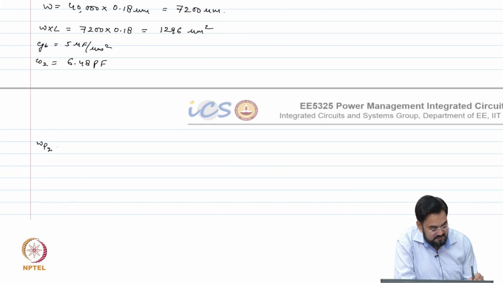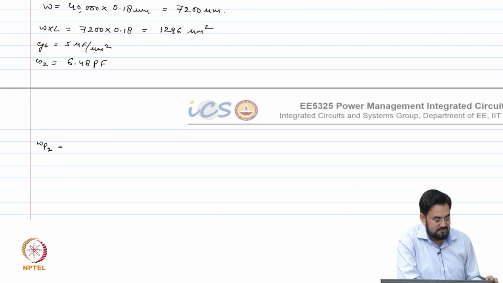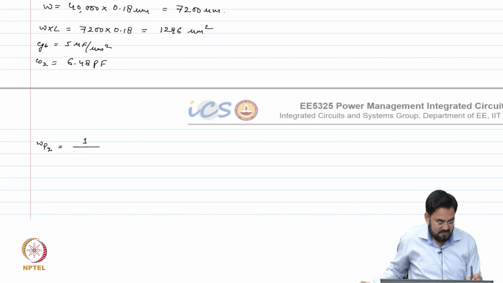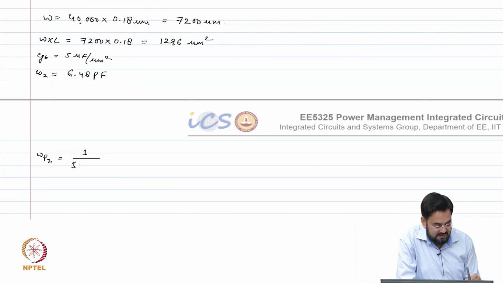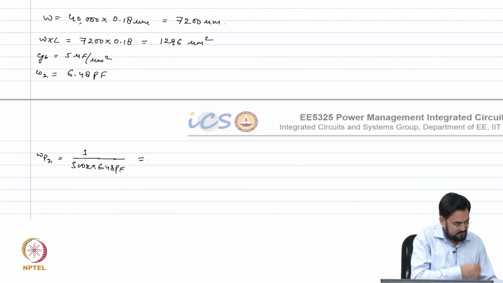Omega P2, how much? 1 over 500K multiplied by 6.48 picofarad. Can you do the calculation?